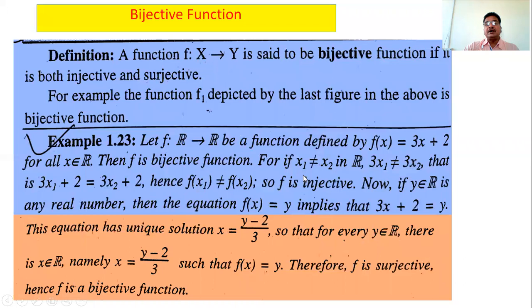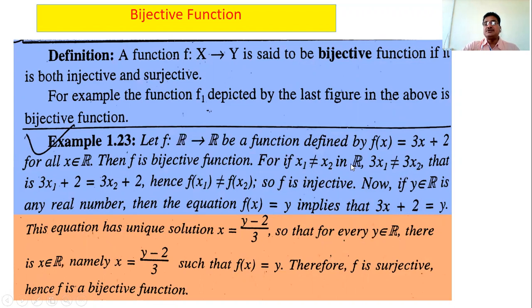First, show the function is injective. The function is injective if x1 is not equal to x2 in R, that is in the domain, then we have f of x1 is not equal to f of x2. That is, if the elements are different and the images are also different, then the function is injective.